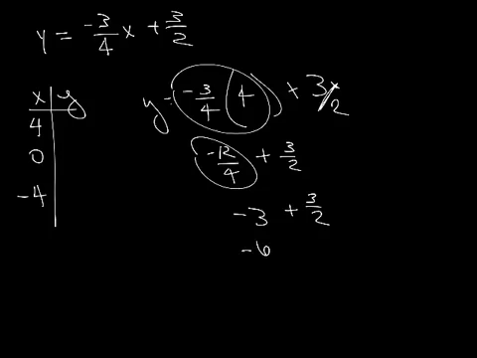So you're going to have negative 6 over 2 plus 3/2 is going to give you negative 3/2. Negative 3/2 is like negative 1.5. Then you're going to put 0 in there, and you end up getting 3/2. And then you put negative 4 in there, and you'll get a value here for your y.